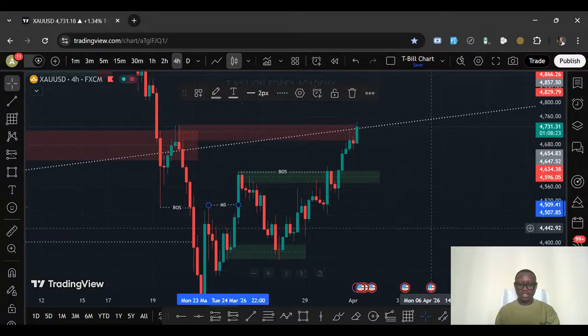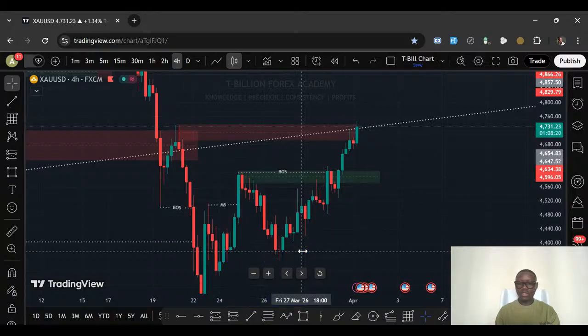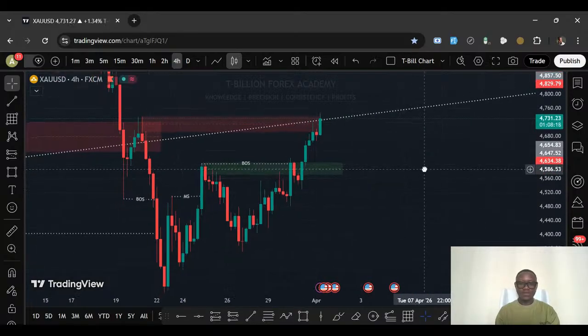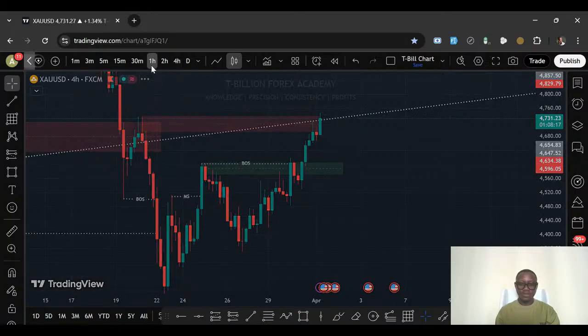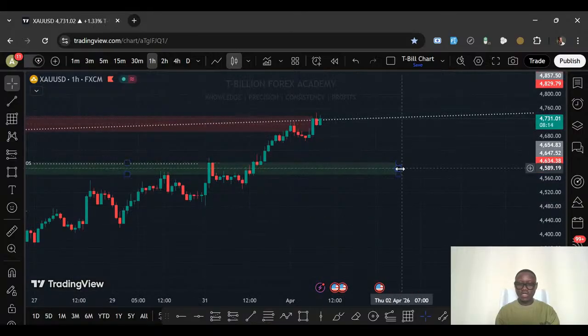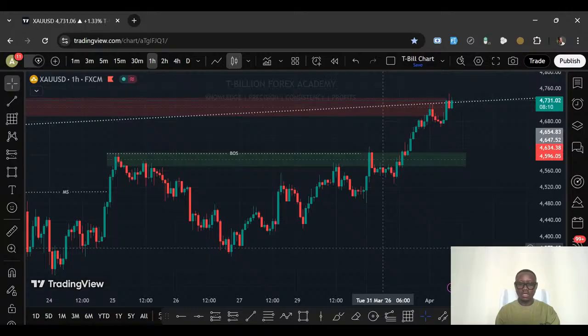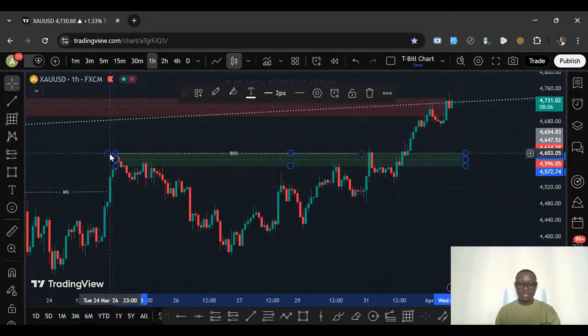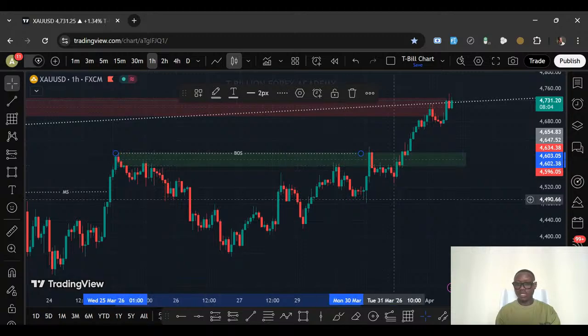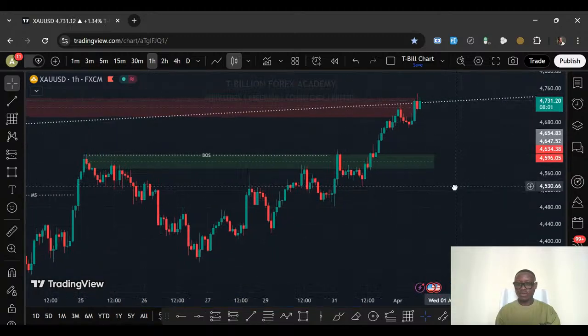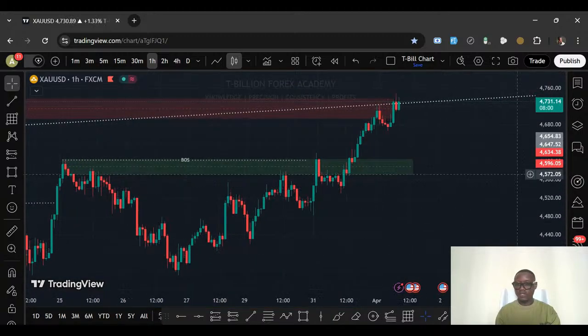Okay, so let's drill down to a 1H time frame to further refine our zone. Now on 1H, what are we waiting for? We're waiting for two things. We are looking for a potential sell to the downside at this point, only if we get a reversal pattern.